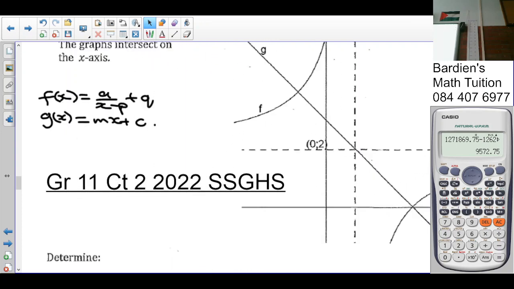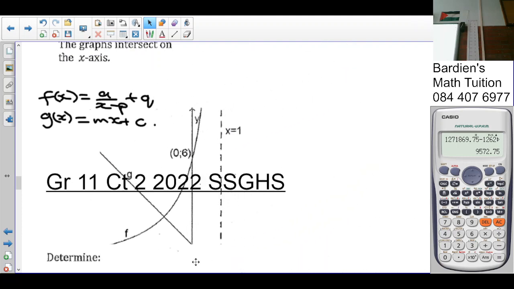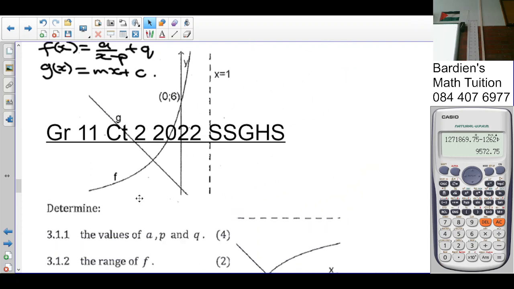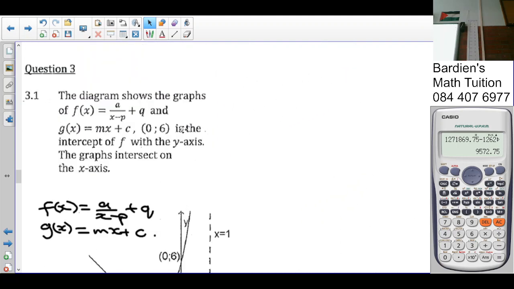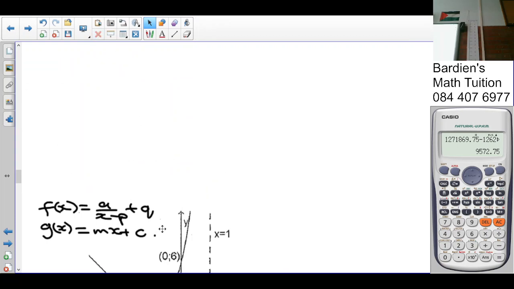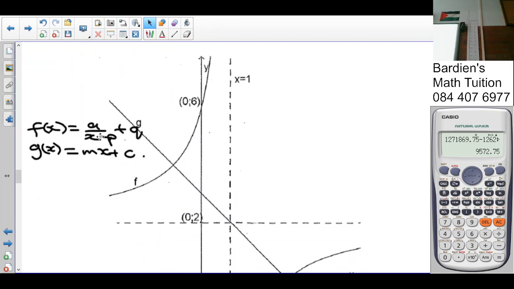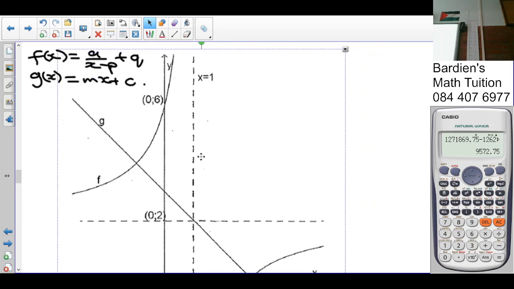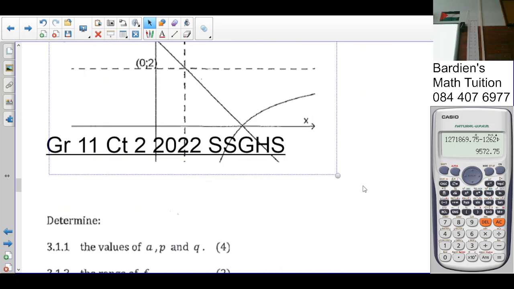So let's pull this down here. All that information given there is on this diagram. Okay, so I'm just going to delete that so that I can bring this up here. I'm doing this so that I can keep the diagram in focus.